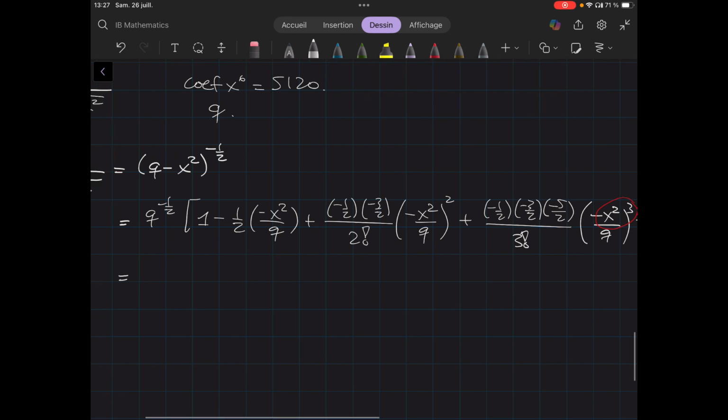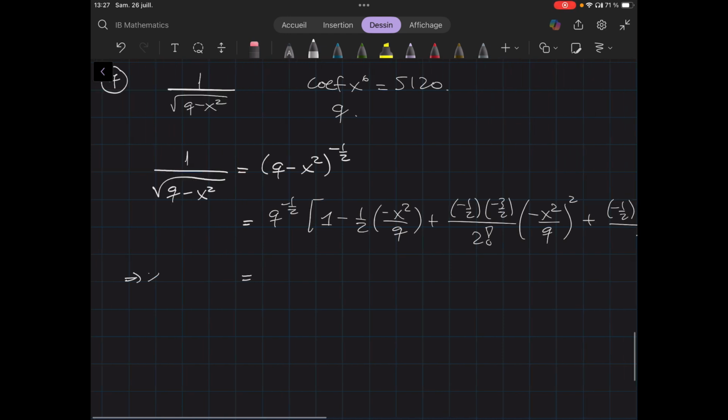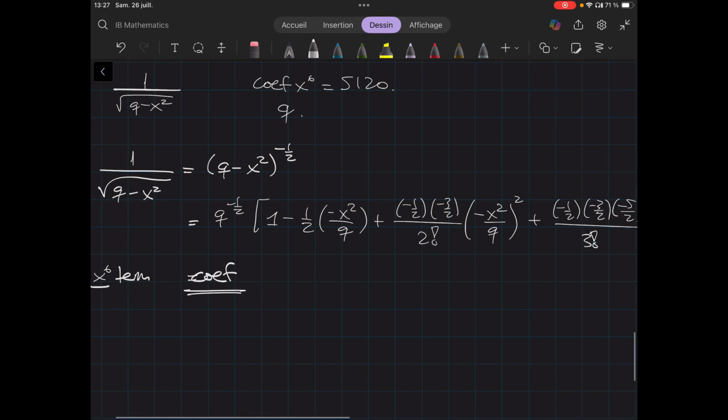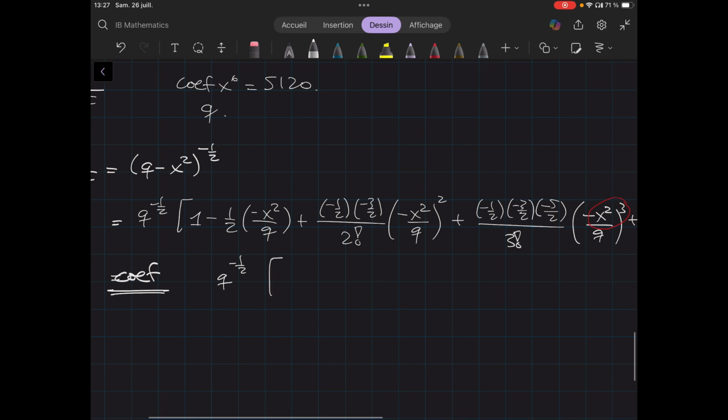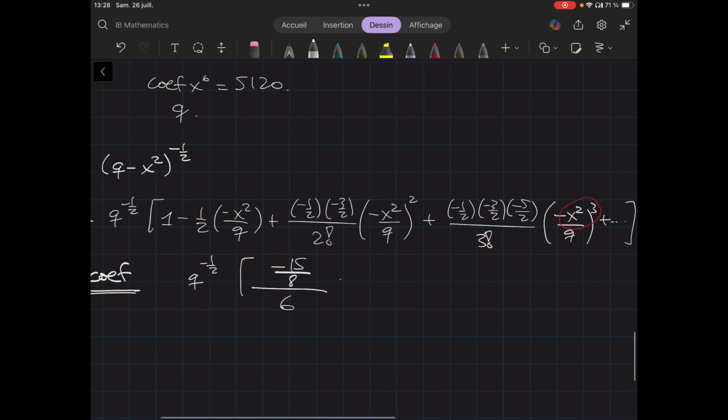So if we're only looking at the x to the 6th term, the coefficient is therefore Q to the power of negative a half times negative 15 divided by 8 divided by 6 times negative x to the 6th divided by Q cubed is equal to 5120.